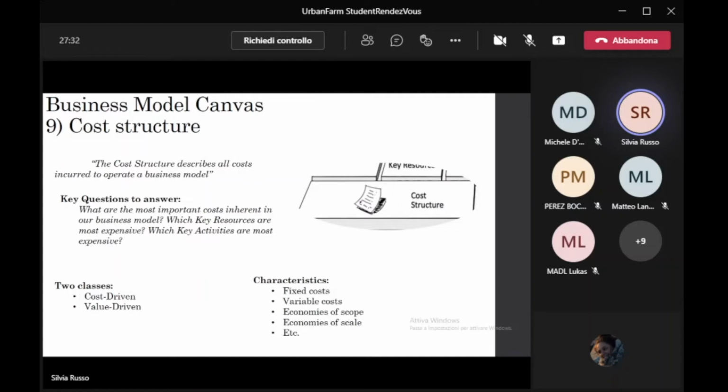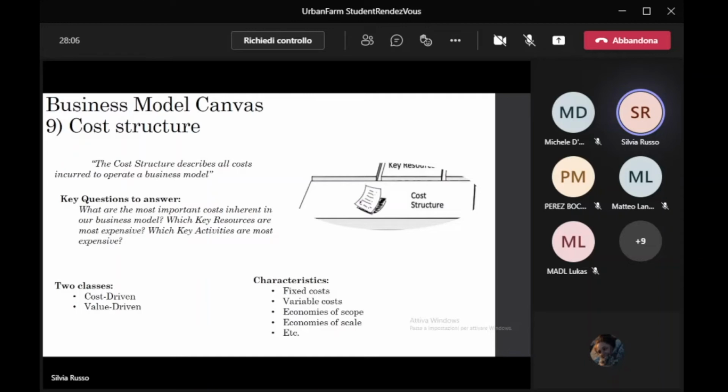We are talking about value-driven business models when companies are less concerned with the cost implications of a particular business model design and focus their attention on value creation. Cost structure can also have different characteristics, for example fixed and variable costs, economies of scope, or economies of scale.